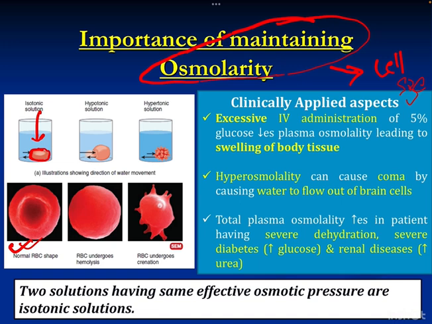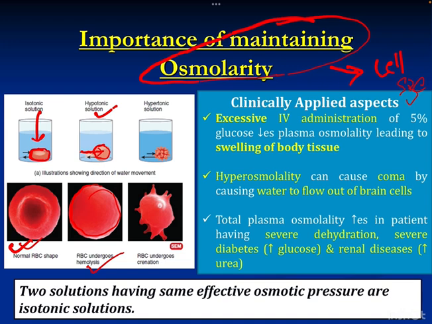However, if the cells are in a hypotonic solution, then there is more fluid shift from the hypotonic solution to the inside of the cells, and there is cell swelling, and that will lead to hemolysis of the cells.